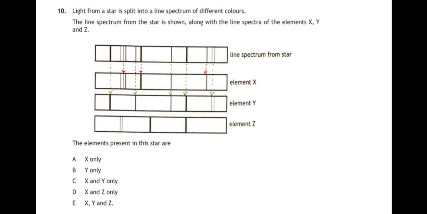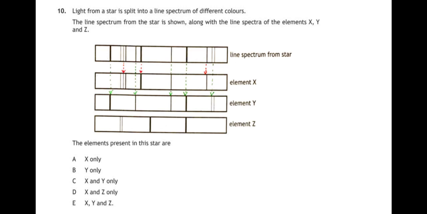So if we draw some lines, in your exam I would recommend you use a ruler to do this, and you match up the lines in the line spectrum from the star with the lines on the element spectra. And as you can see there, working from left to right, the first line matches up with one of the lines in element Y, and indeed element Y's lines all match up with lines within the spectra.